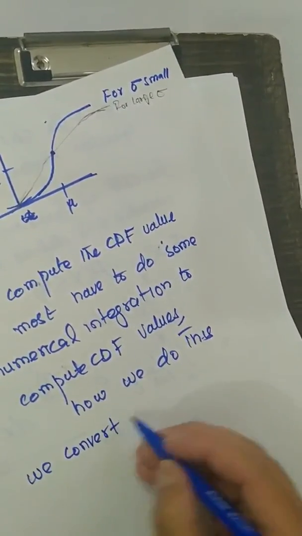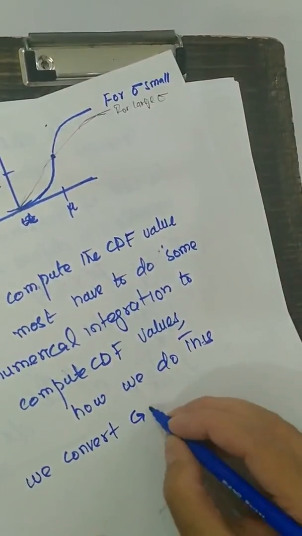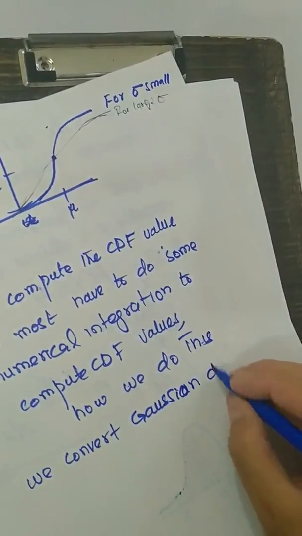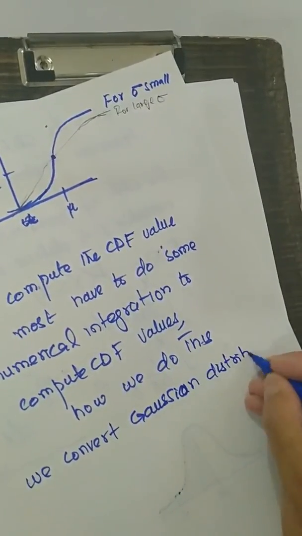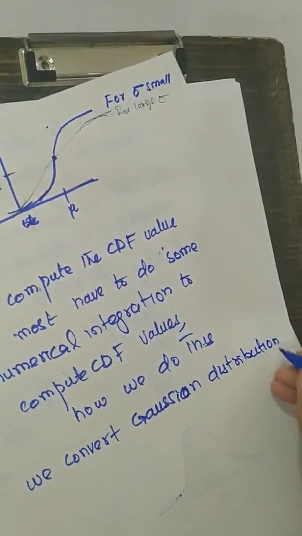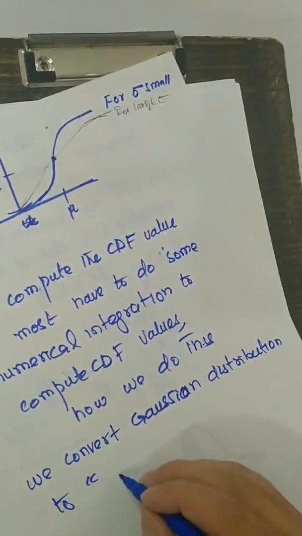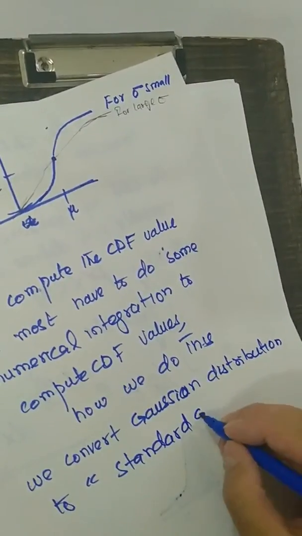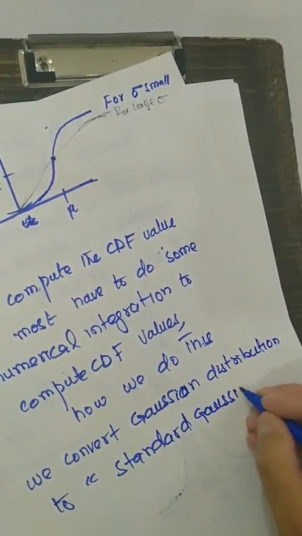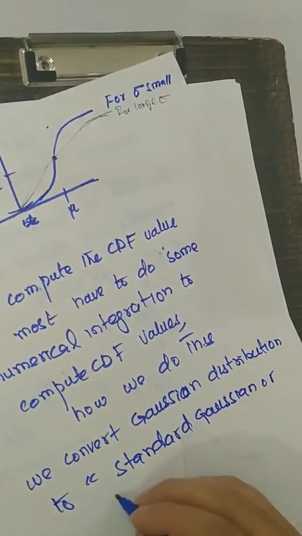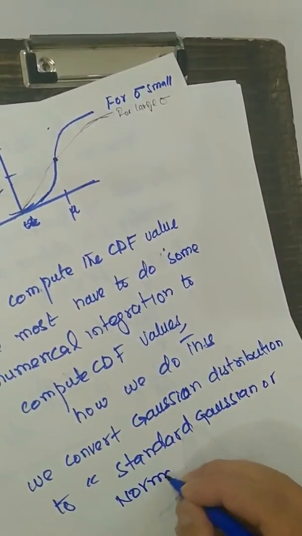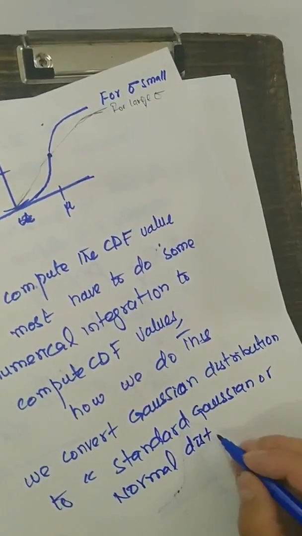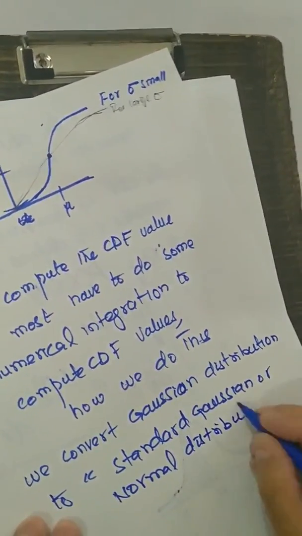We convert the Gaussian distribution to the standard Gaussian or normal distribution.